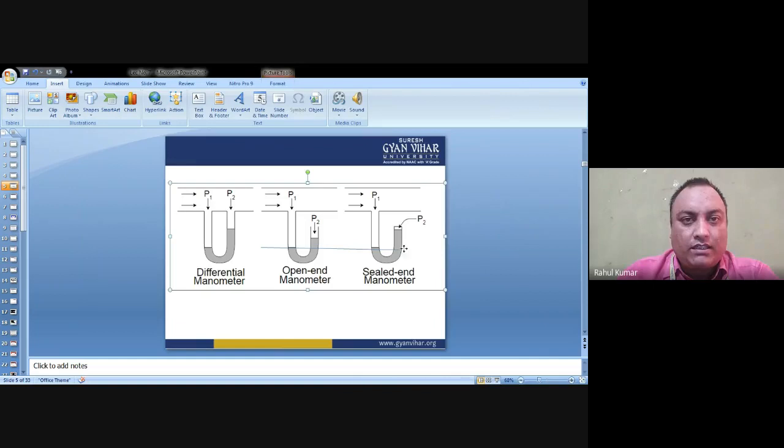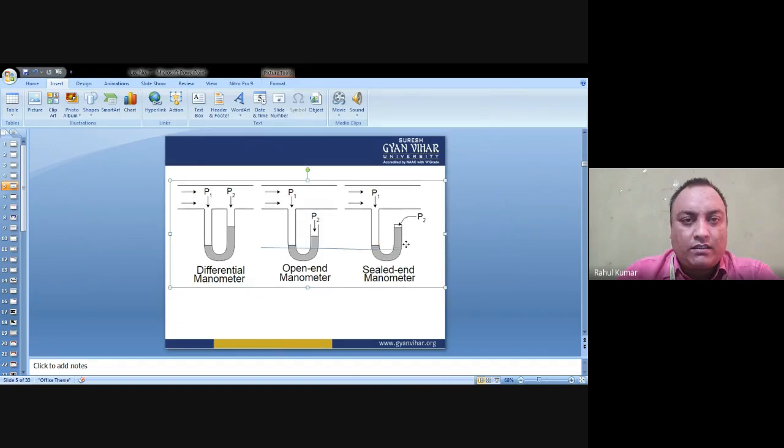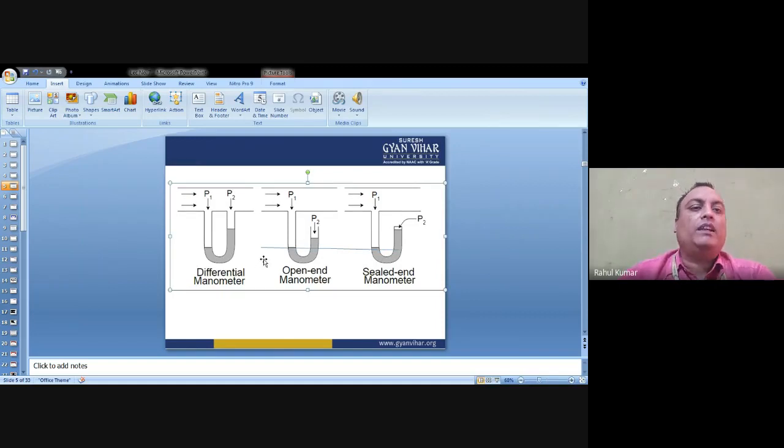This line shows the datum level of the manometer, and this line shows the datum level of the manometer too. This is the first line and this is the second line.